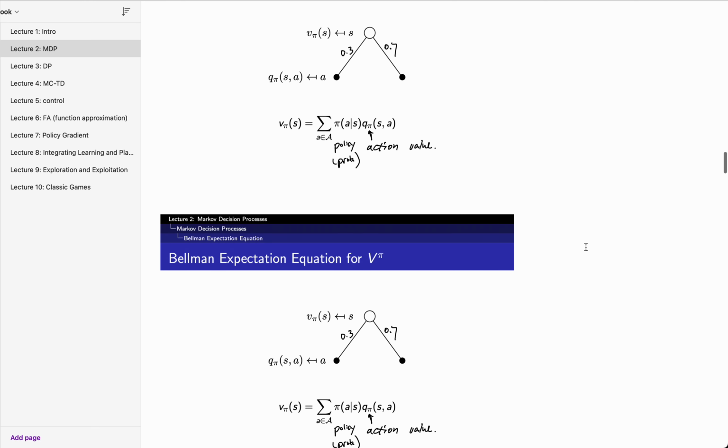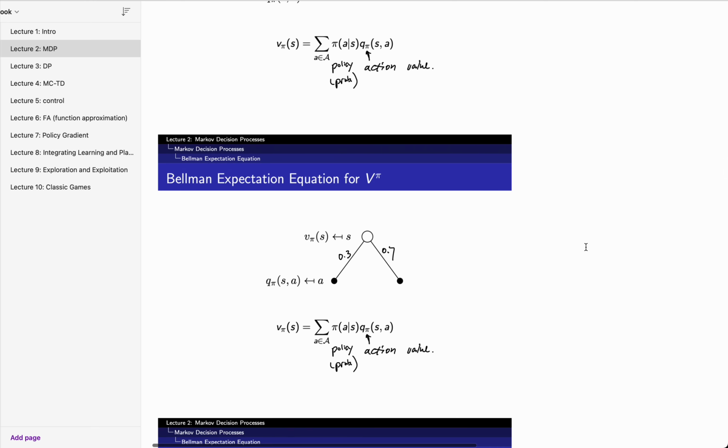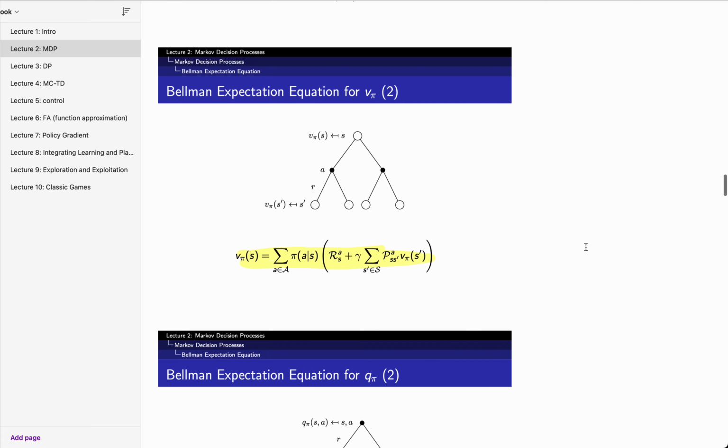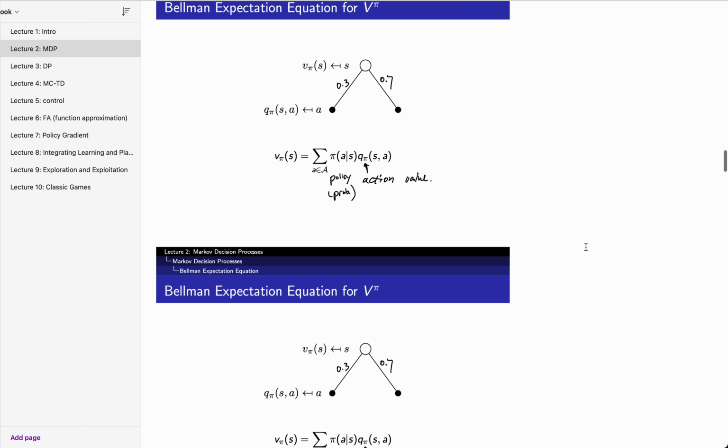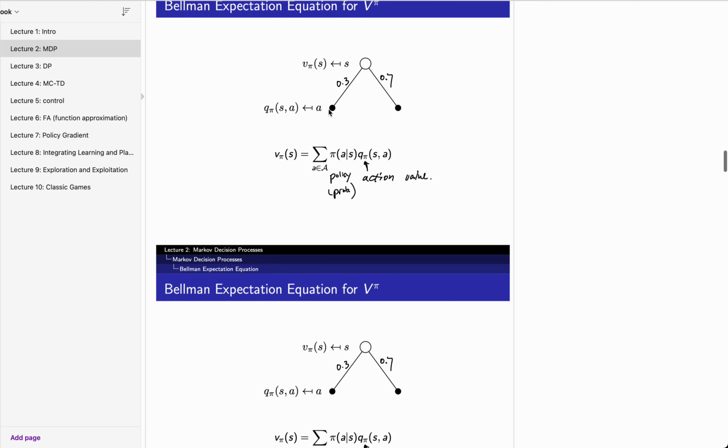Wait, I think I'm missing a slide here. So basically, if I know the state, I have all the action value functions, I just sum it up. And on the contrary, if I have an action value function, so I have a dark dot here, after taking this action, I might reach different states.